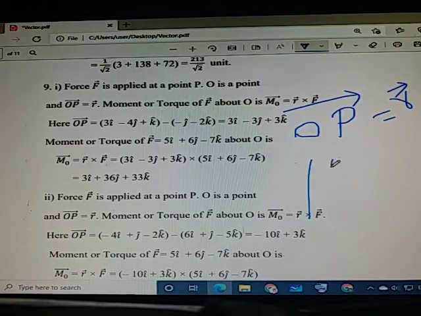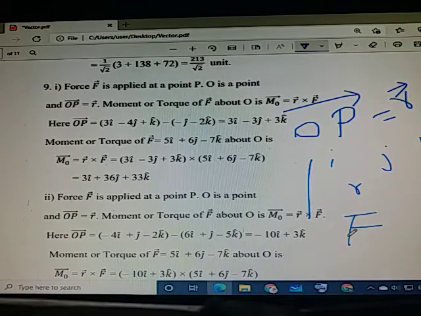So it is i j k. Then the prefactor is r, so you write the components of r in this row, and this is r cross F, where F is the force. In the third row you write the components of force, and you simplify it and you will get the moment of the force.